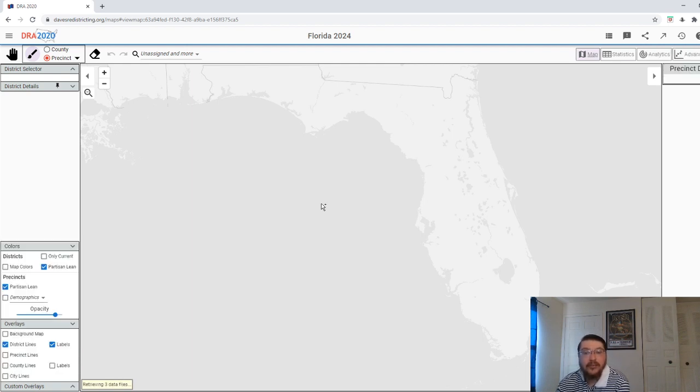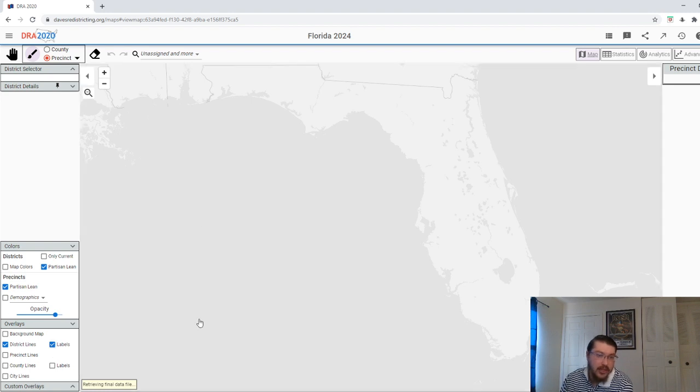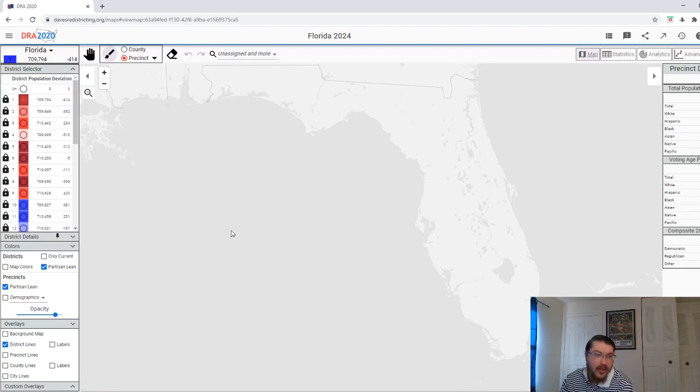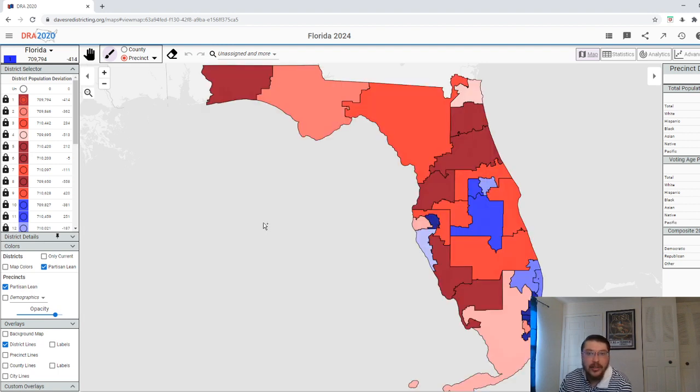Now, actually, I don't think Florida does their redistricting through the state legislature, but actually has a computer draw the districts. So this may wind up being a little bit of a bamboozle on Florida.